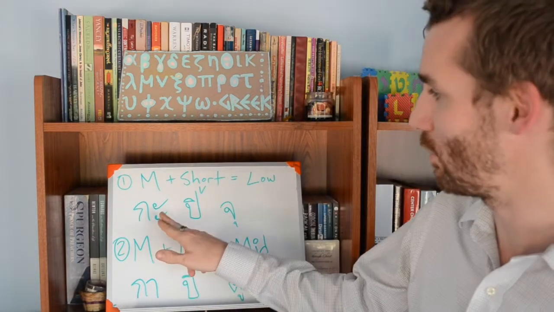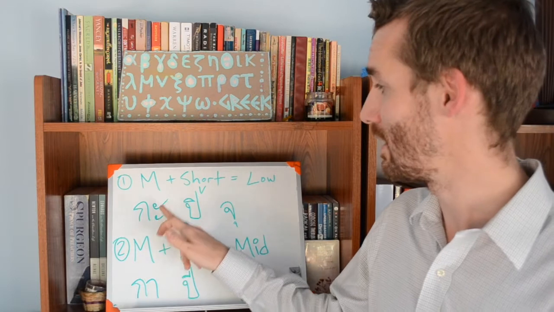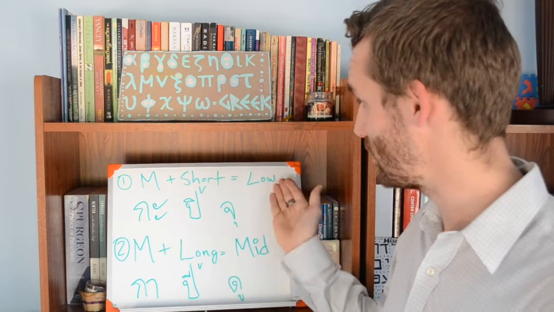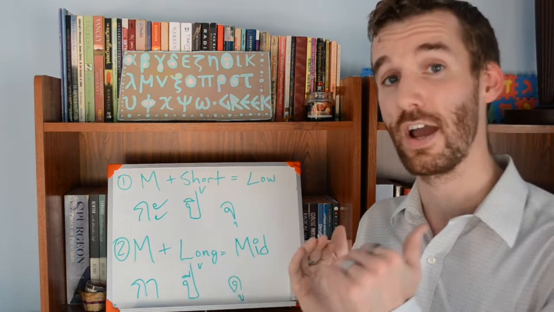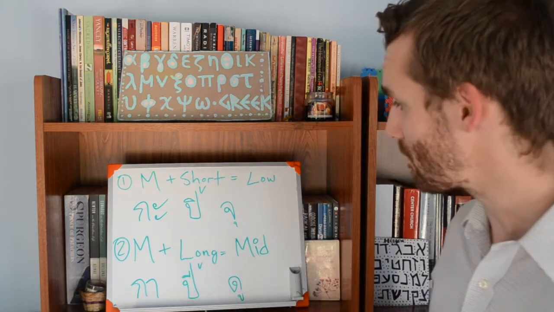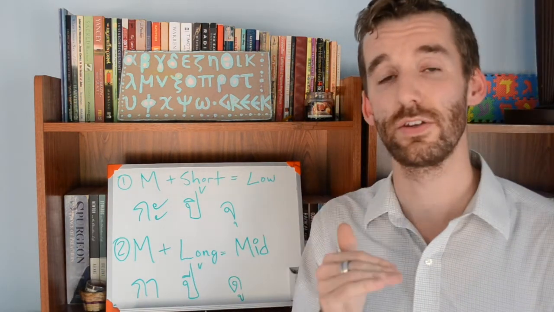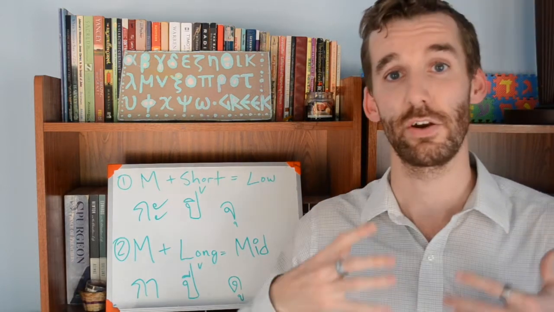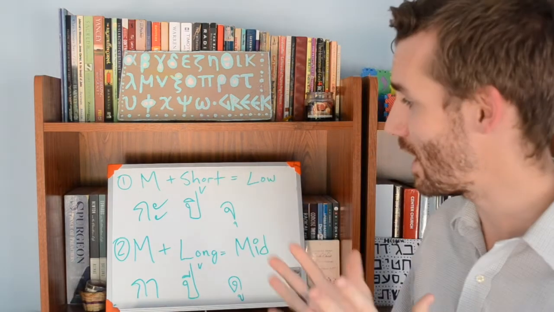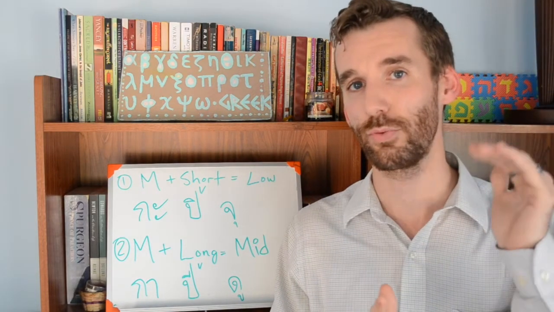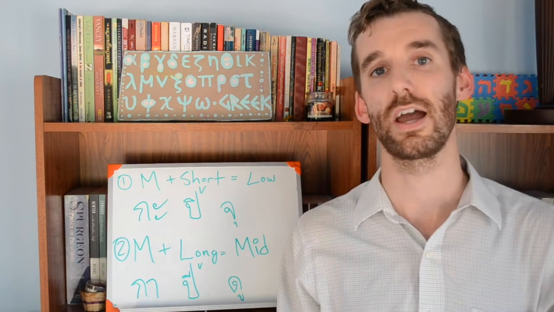So when you see a syllable that ends in a short vowel with a middle class, you know it's a short low tone. When you see a middle class consonant with a long vowel as the final sound of a syllable, again, you know that it's a long mid-tone. Okay, these are inherent rules that are built into the middle class consonants. And then in our next lesson, we're going to look at Rule 3 and Rule 4 before moving on to the high class consonants.